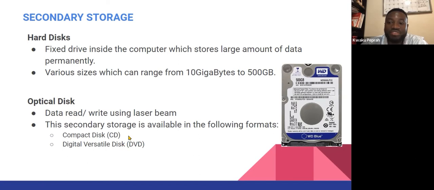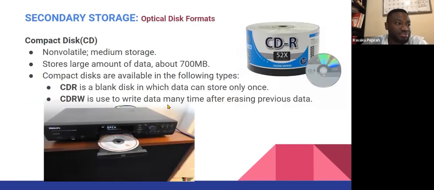I'm sure you've heard of these things before. Here we have the optical disk format. We have the compact disk, which is a non-volatile medium, and you can recognize this. I'm not sure if these are used anymore, but I remember using some of these.